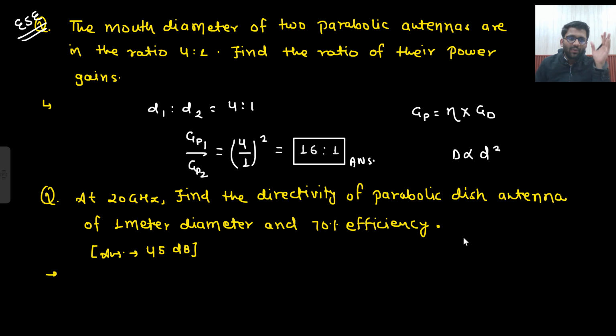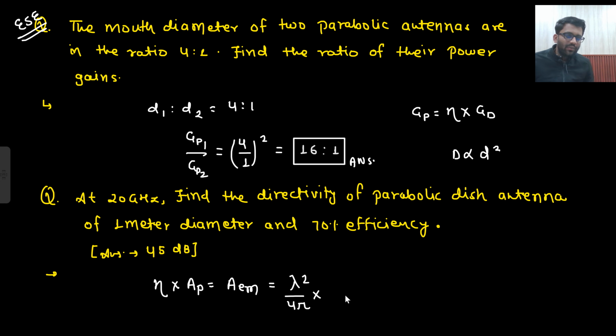So here you need to derive it completely. What you need to find? You need to find the directivity. So what I know is that efficiency into aperture area is equal to maximum effective aperture area, and that is equal to lambda square by 4 pi into the directivity into polarization loss factor.